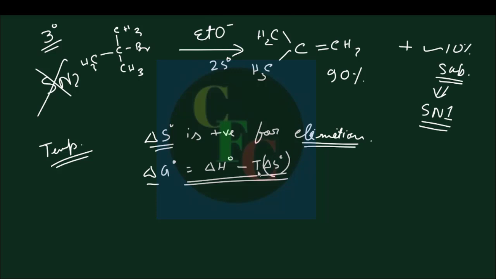For elimination reactions, as the temperature is increased, the T delta S factor, where temperature is the coefficient of the entropy change, also increases. As such, delta G will be more and more negative for elimination reactions at higher temperature, so it will be more favored. Elimination reactions are usually more favored at higher temperature than substitution reactions.